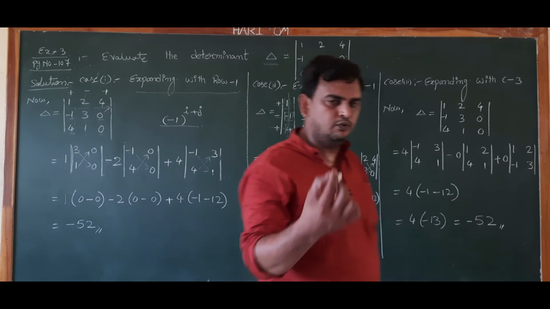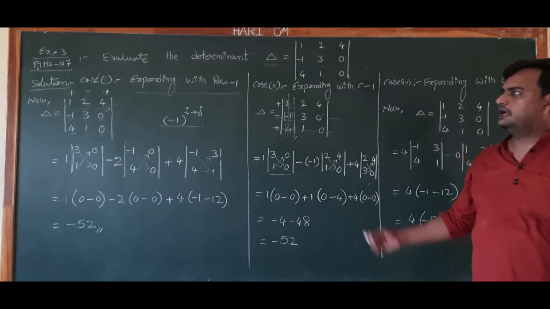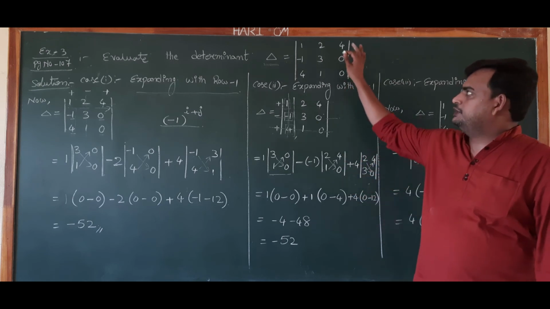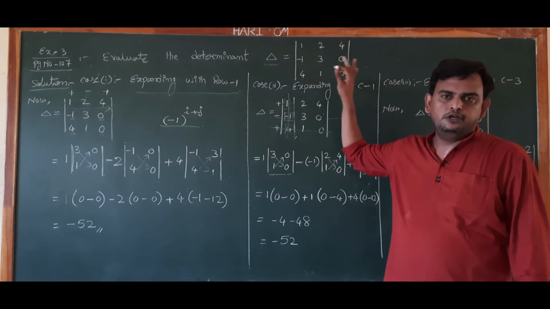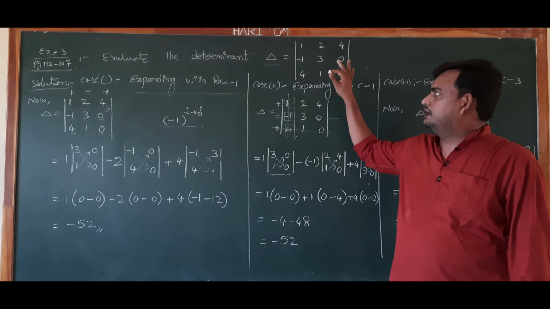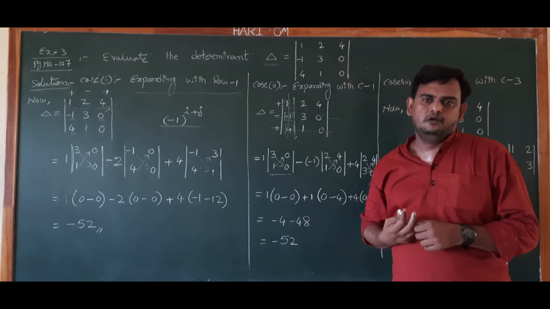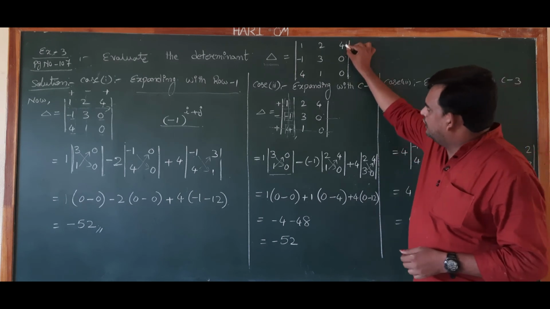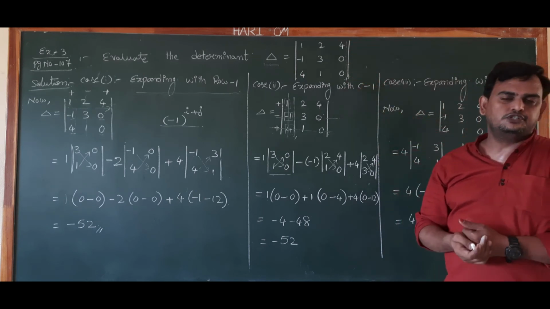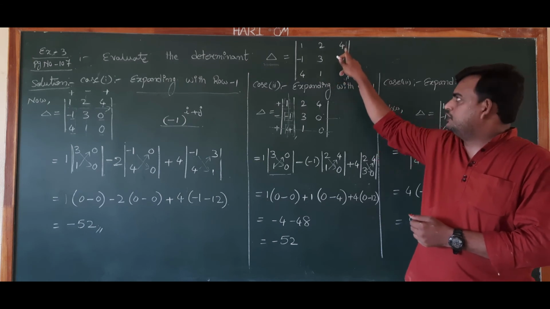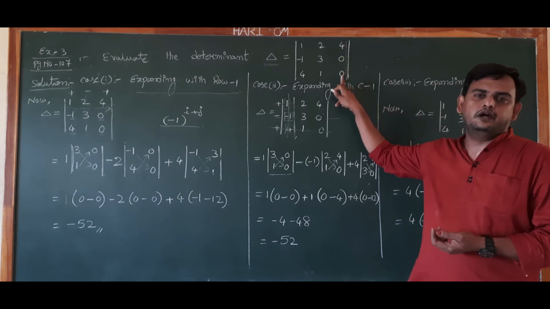And I gave one small trick on how to calculate the determinant in the easiest way. First we need to observe the given matrix and find whether we have more zeros in any row or any column. When we observe here, in column 3 I have more zeros, meaning 2 zeros. Choosing column 3 makes it very easy to find the determinant.